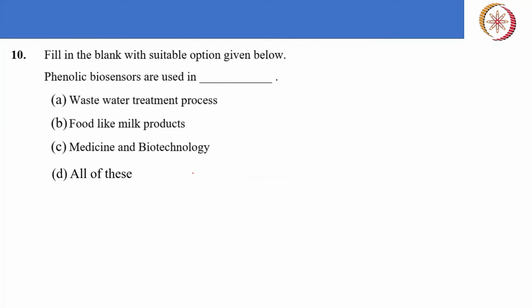In medical and biotechnology, these biosensors are used to determine catecholamines in blood, brain and cell culture, also for detection of cell membrane and sensitive level detectors in enzyme immunoassays, and in food like red wine and milk to control food quality. So the answer is basically all of the above.